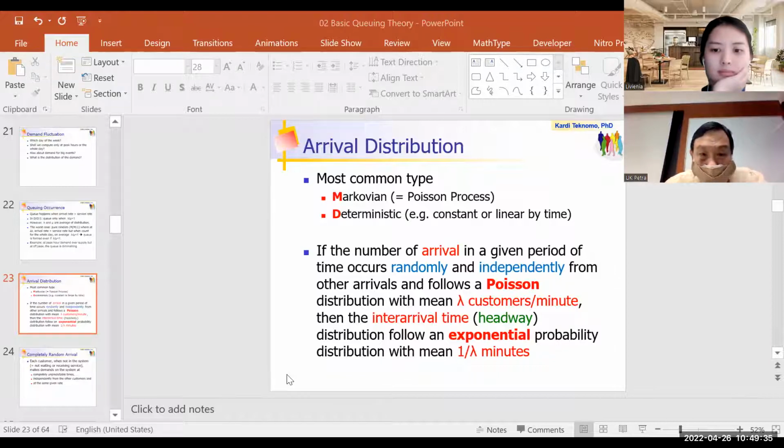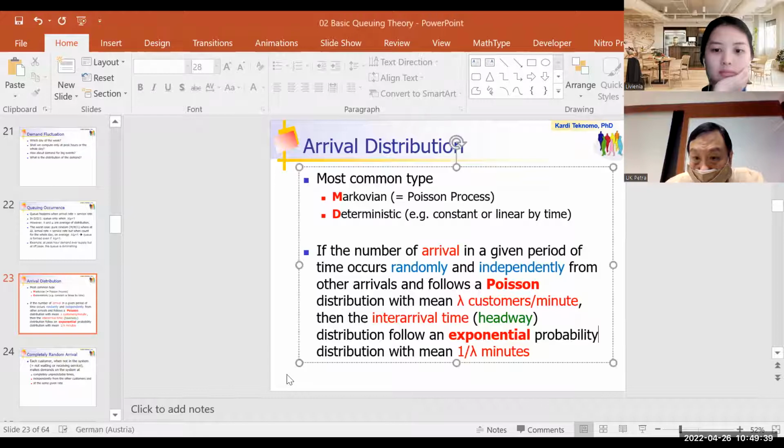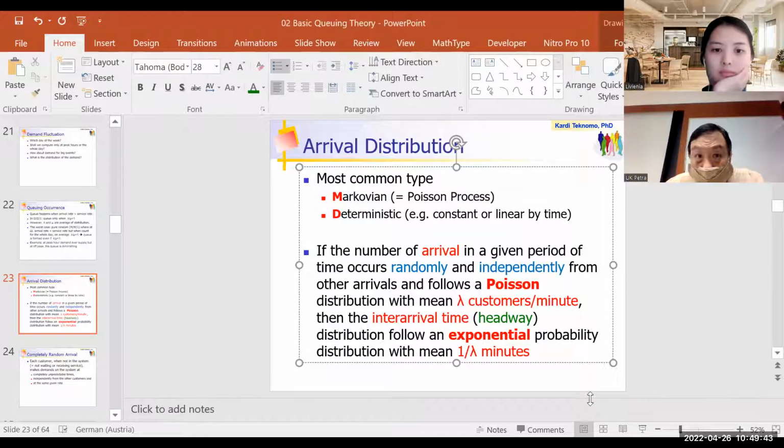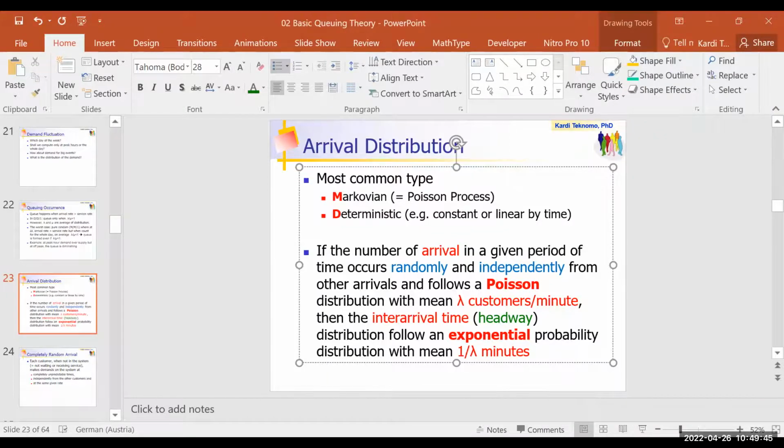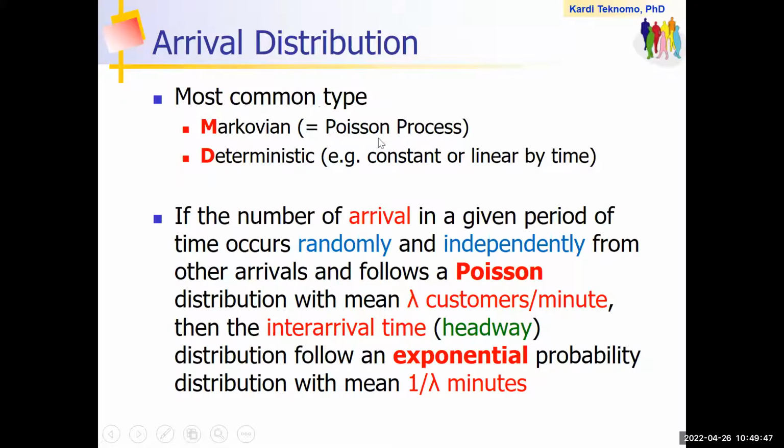Let's continue. Okay, more detail now. Can you see? Now we talk about arrival distribution. Most common type is actually Markovian and deterministic. Markovian means Poisson process.